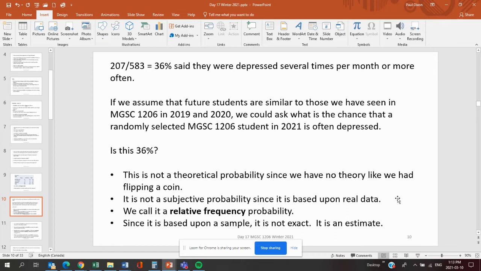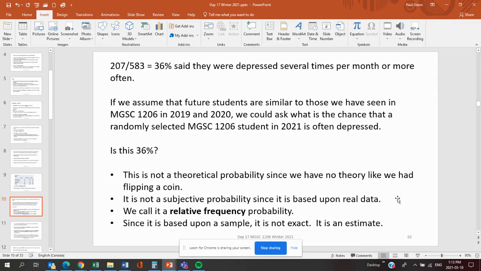This isn't a theoretical probability. I've got no theory other than saying students from the past are typical of students I'll see in the future. It's not subjective because I'm basing it upon real data, but it is a relative frequency probability. It's the percentage of a sample. And relative frequency probabilities are the ones that we most frequently encounter.